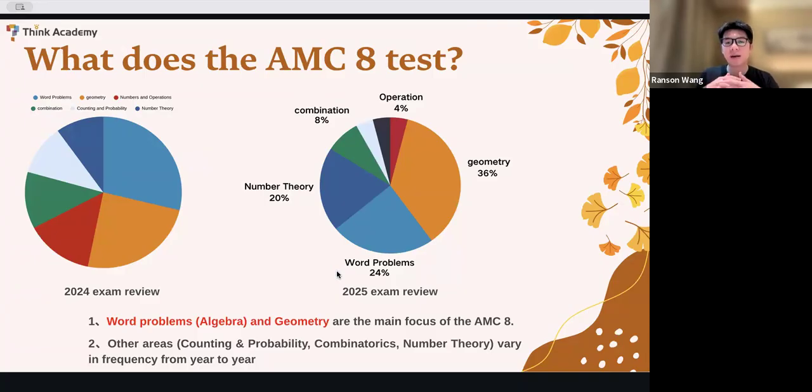Areas like counting, probability, combinatorics, and number theory vary in frequency from year to year. For those modules, you have to understand the basics, and it's nice to master as many as possible. But for geometry and word problems, you have to have a comprehensive understanding. Okay, so that's regarding the MCA, module-wise.